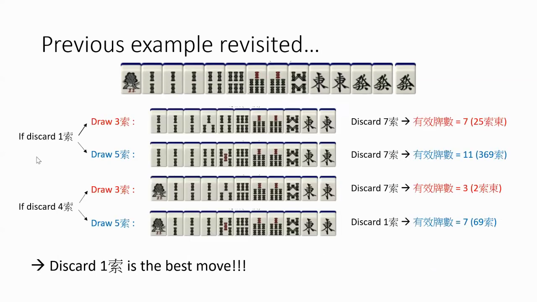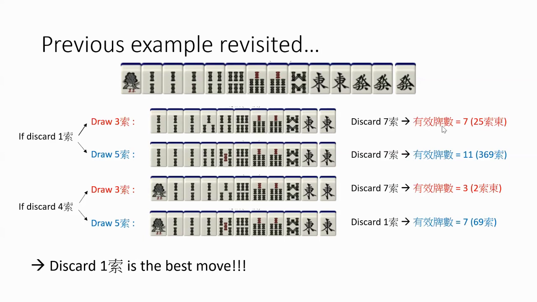Suppose in the previous hand we discard 一索, and we further divide into two cases: drawing a 三索 and drawing a 五索. After drawing a 三索, we reach this hand over here, and naturally we should be discarding the 七索.